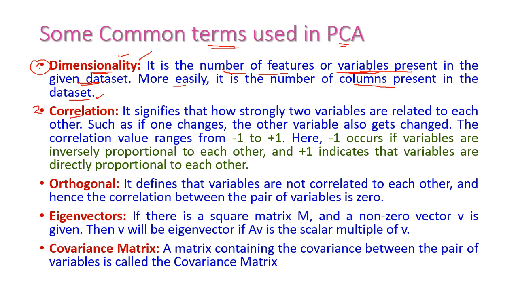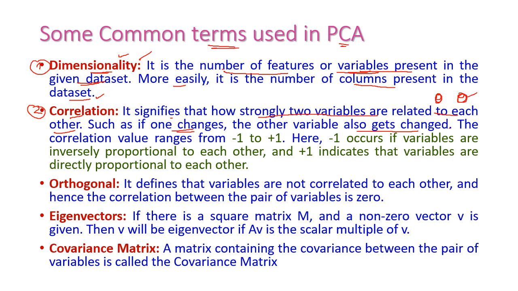And the second one is correlation. Correlation means how strongly two variables are related to each other. That means if one changes, the other variable should also change. If two variables are related to each other, and one changes, that will also affect the second variable.